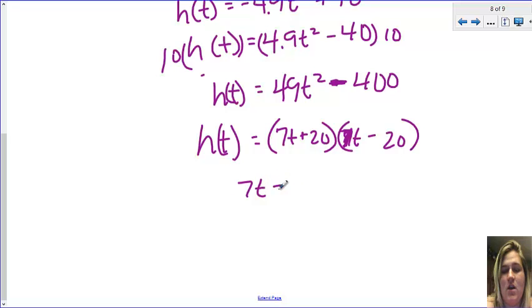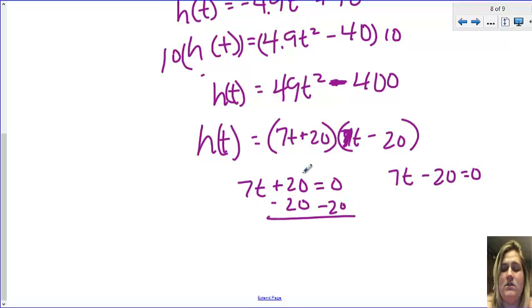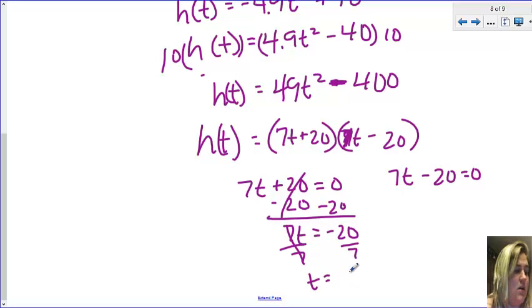So I have 7t plus 20 equal to 0, and 7t minus 20 equal to 0. So if I subtract 20 from both sides, I get 7t equals negative 20, divide by 7. t is equal to, let's see, they just leave it as negative 20 over 7.